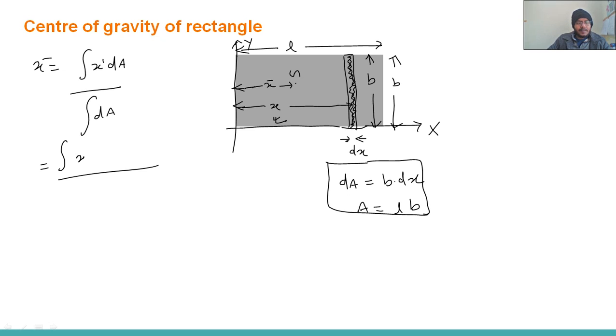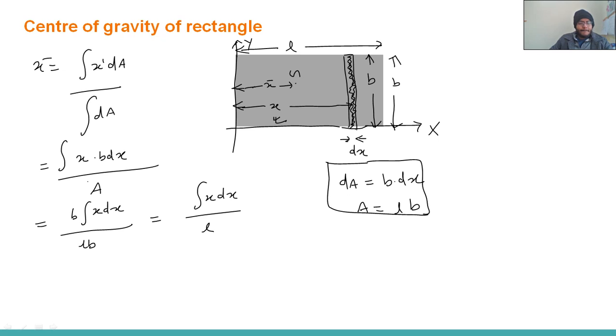So we can write x, and put b into dx. This is the integration and this is the differentiation, so it will cancel, it will become A. Now in this integration, b is constant, so we take it outside: b integration of x dx divided by, put the value of A, that is LB. So b will cancel, and we write x dx divided by L.